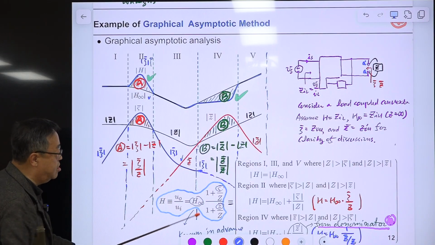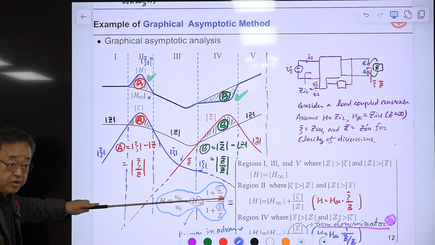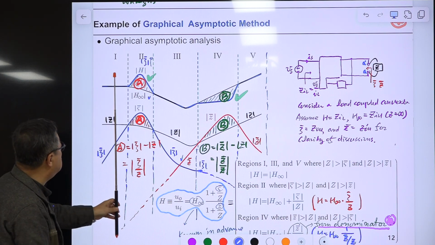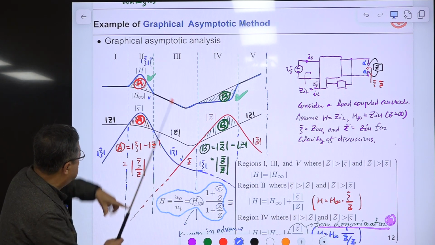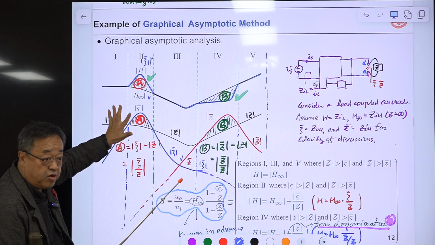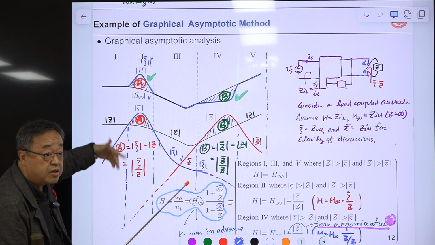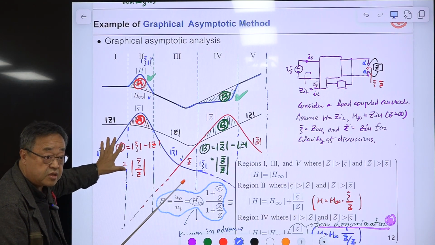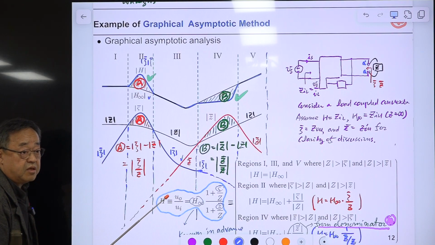That modification is predicted by this equation in this manner. So I divide the frequency range into 5 ranges. For example, this is a very complicated case. Most cases are much simpler than this. This is a complicated case.